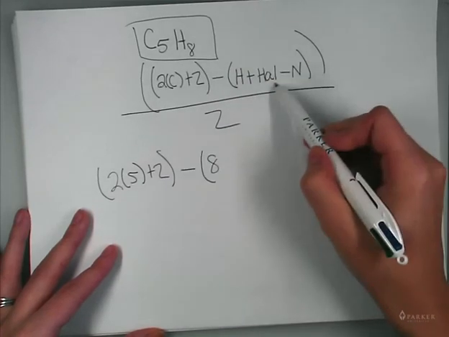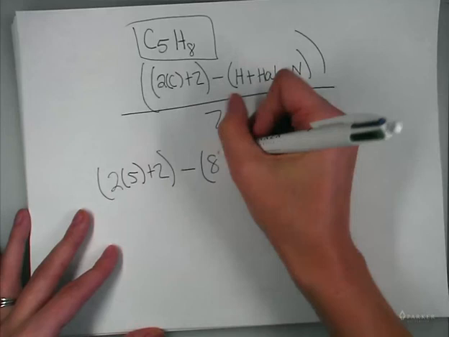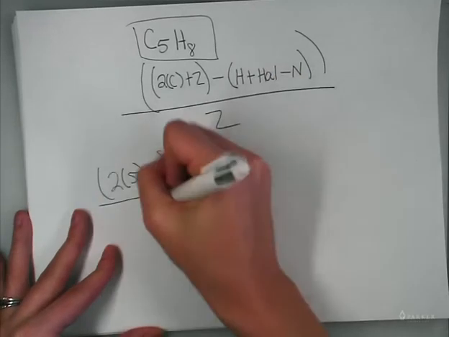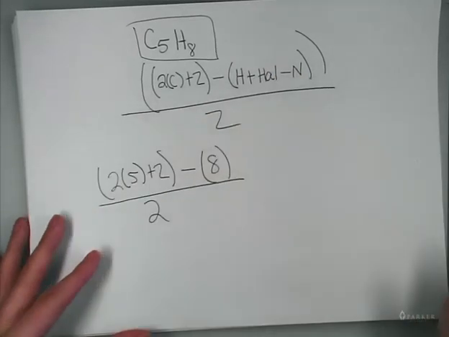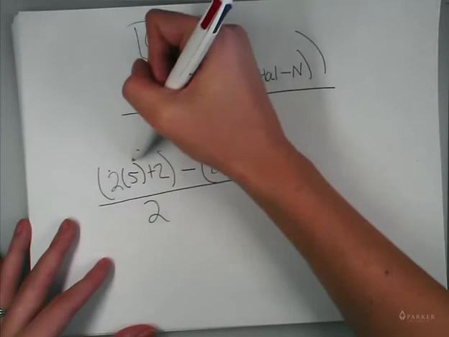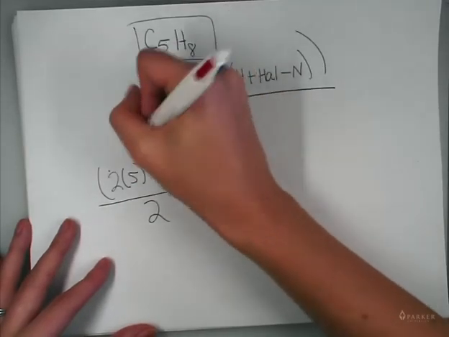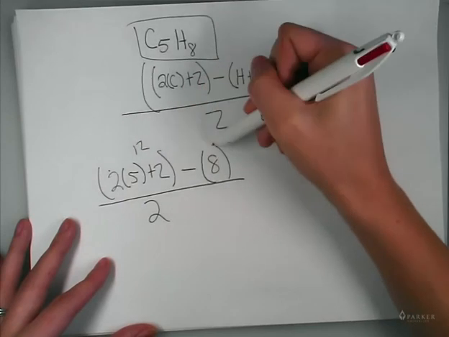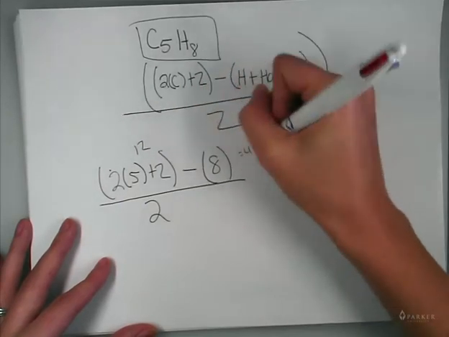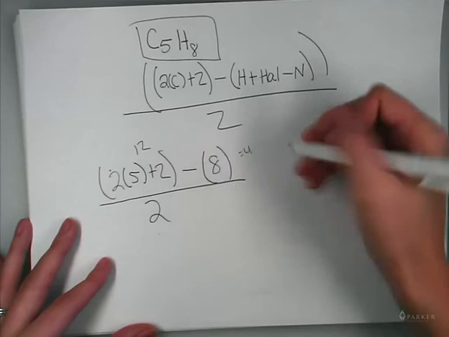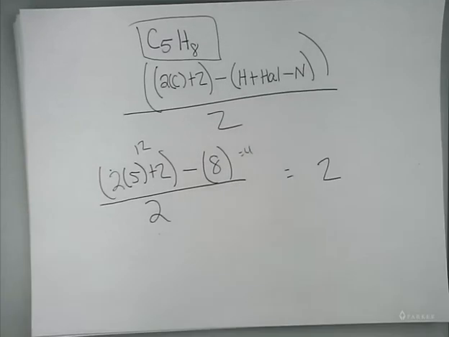Do I have any halogens? Do I have any nitrogens? No. Divided by 2. So 2 times 5 is what? 10 plus 2, 12, minus 8, 4, divided by 2, 2. So I have 2 degrees of unsaturation.